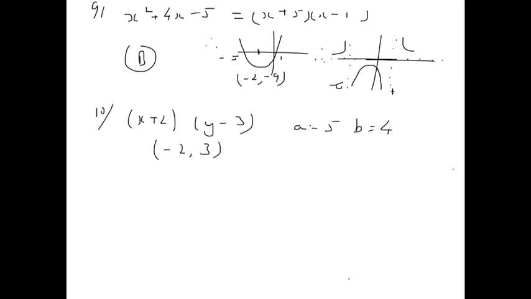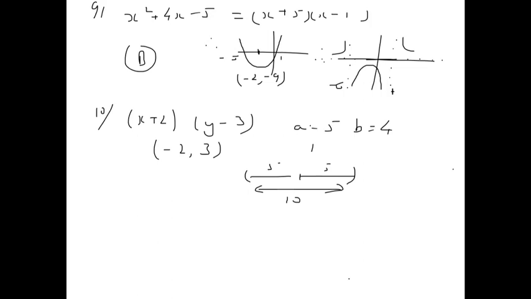Right, the length of the major axis. So a is the length of the semi-axis, which is from the middle to the edge. So that would be 5. Therefore, another 5 there. The total length of the major axis in this case would be 10.